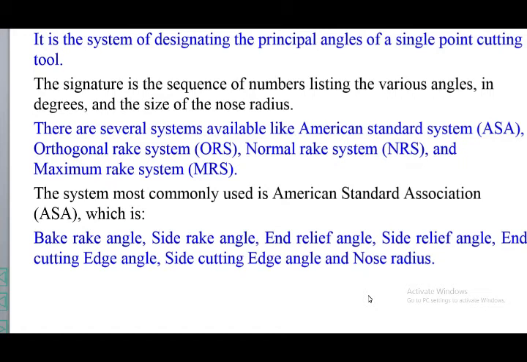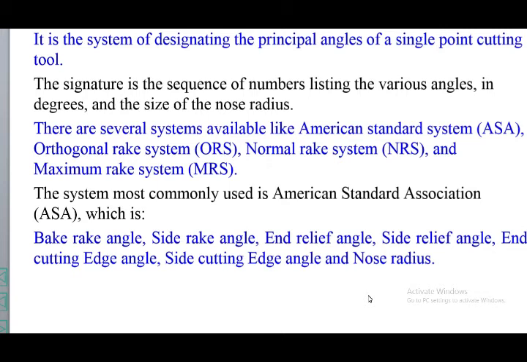What signatures are there? Several systems are available: ASA, the American Standard System; ORS, the Orthogonal Rake System; NRS, the Normal Rake System; and MRS, the Maximum Rake System. The system most commonly used, and the one we use in this lecture, is the American Standards Association system.